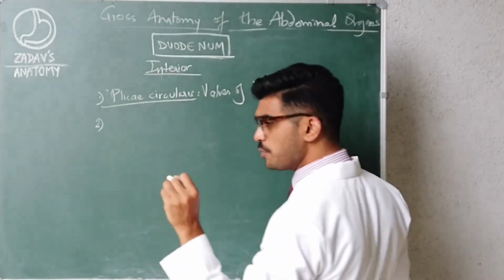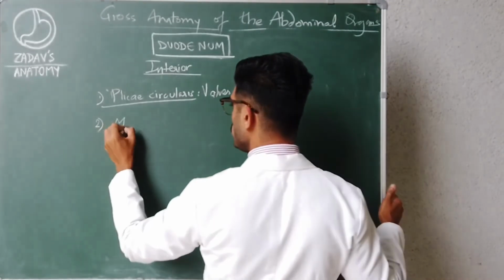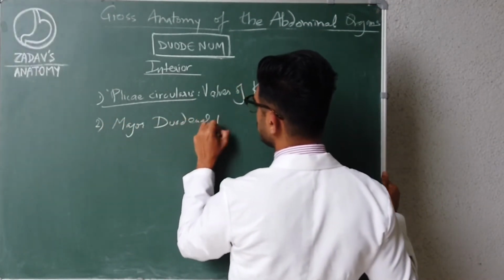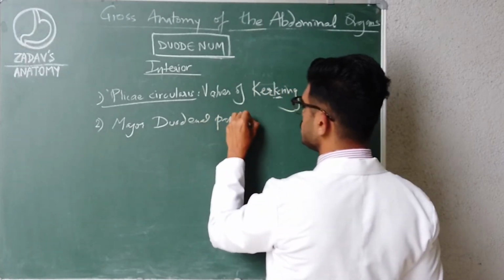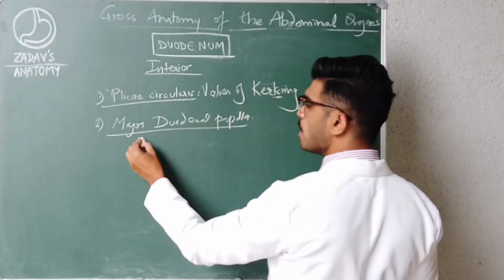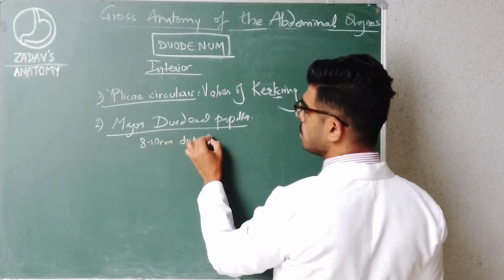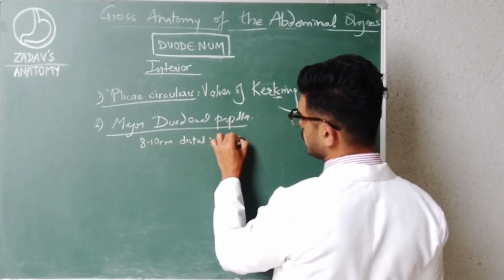The next important feature is what is known as the major duodenal papilla. Now the major duodenal papilla lies about 8 to 10 centimeters distal to the pyloric end.